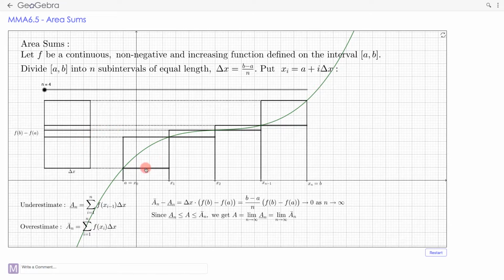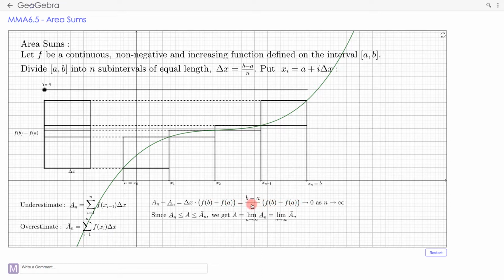And the way of looking at it is to say that, well, the difference here is this area, the difference here is this area, the difference here is this area, and the difference here is this area. And what is the length here? Well, it's delta x. What is the total difference in height? Well, this was f of a, and this was f of b. So the height of this rectangle over here is f of b minus f of a.